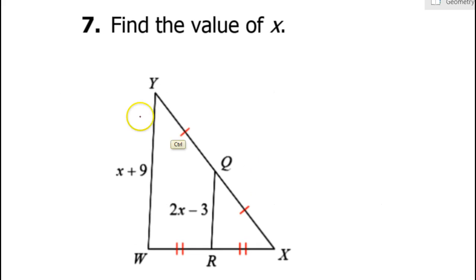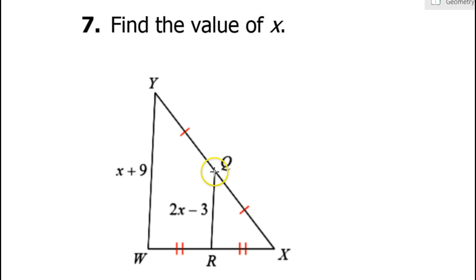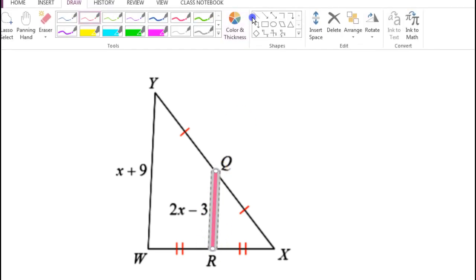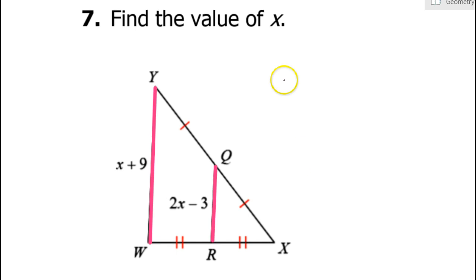So for number 7, again, we're just being asked to find the value of x. This is going to really be the same exact situation. In fact, I encourage you to pause the video and solve this yourself, and then you can hit play and see how you did. Anyway, we know that if we double the midsegment, it should equal the parallel side.